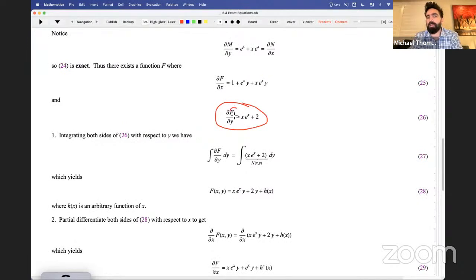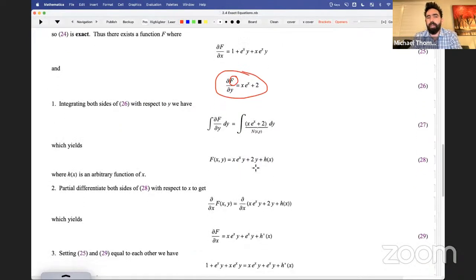So again, our goal is to find F. It's given as a partial with respect to y, so we should integrate with respect to y. Okay, so if you integrate both sides of this equation with respect to y, like so, on the left, you'll have F plus an arbitrary constant, which could involve x's, right?